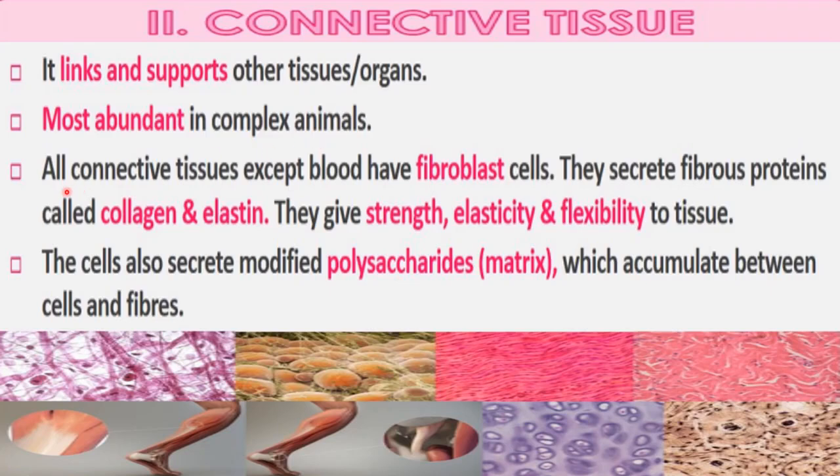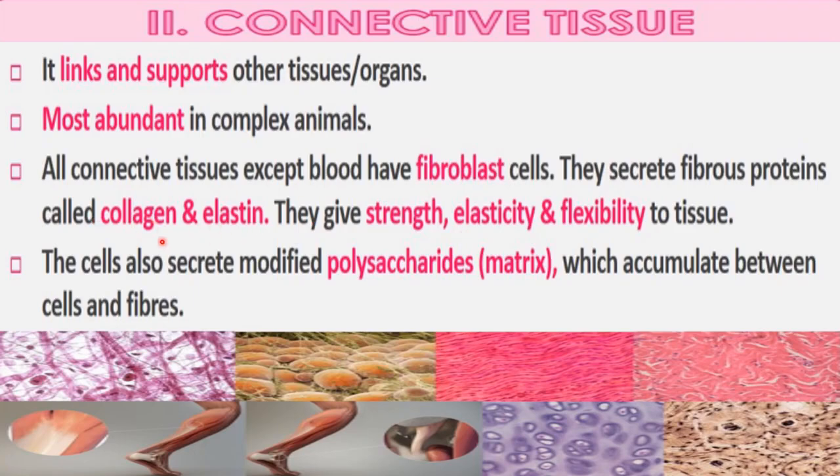All connective tissues except blood. Blood is also a connective tissue. So except blood, all connective tissues have fibroblast cells. So this is a type of cell which is found in all connective tissues, the fibroblast cell, but it is not present in blood. These fibroblast cells secrete fibrous proteins called collagen and elastin.